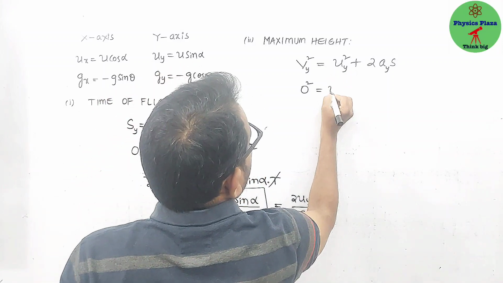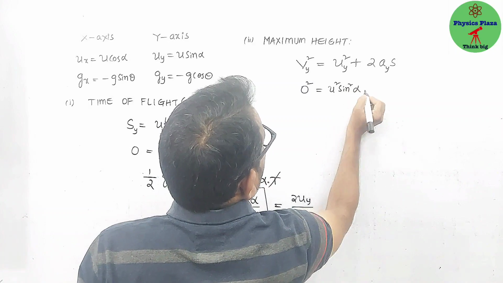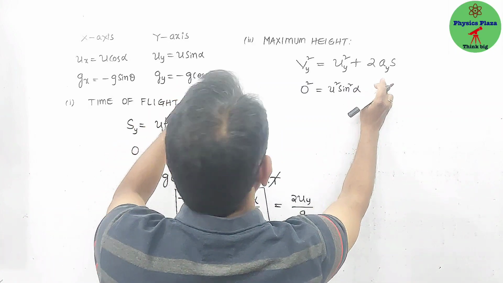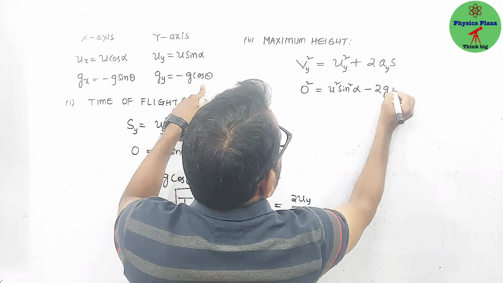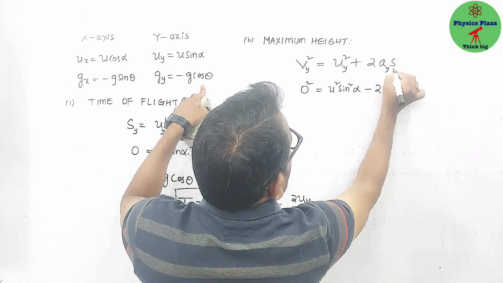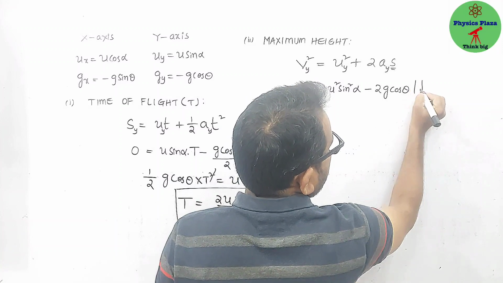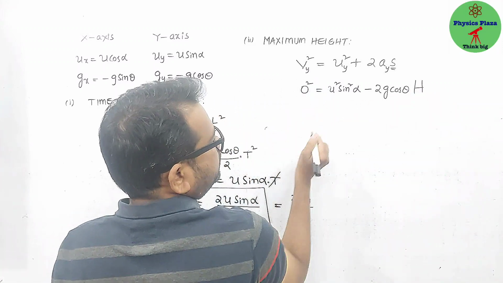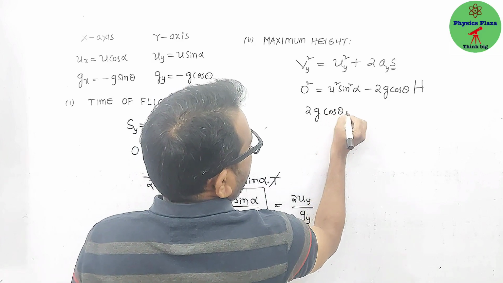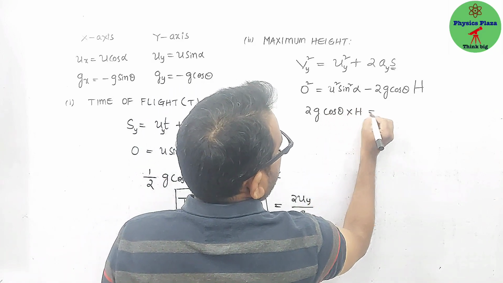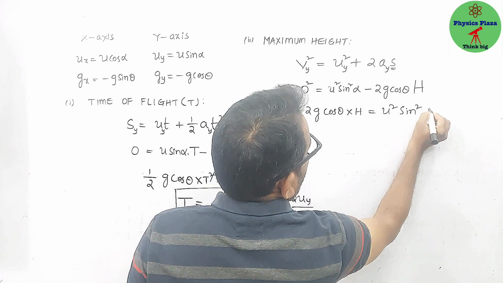So this is going to be u square sine square alpha. ay is minus g cos theta, so it is minus 2g cos theta, and s is the displacement in the vertical direction, which is the maximum height. Bringing this term to this side, 2g cos theta into h is equal to u square sine square alpha.